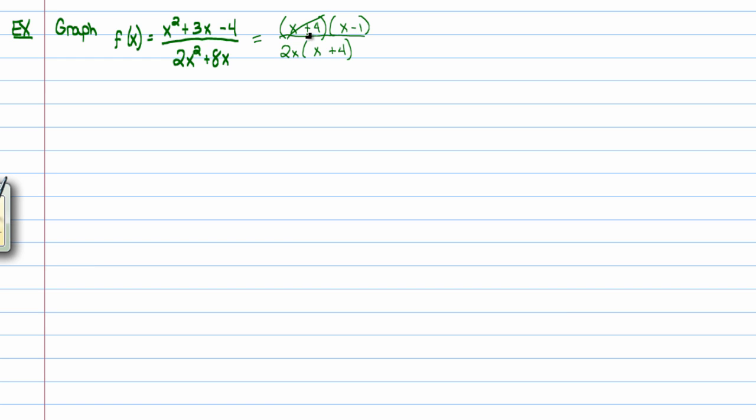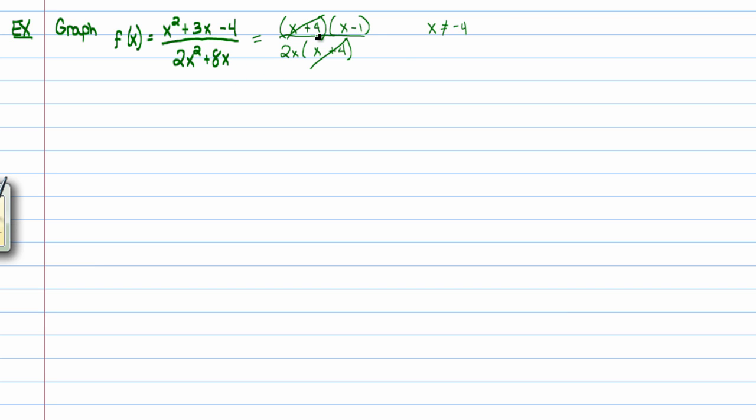Now, this is an important point to make. I have to note, and if you read my method about graphing rational functions, I have to note that x cannot equal negative 4. If x were to be able to equal negative 4 in this original function, I would end up dividing by 0.